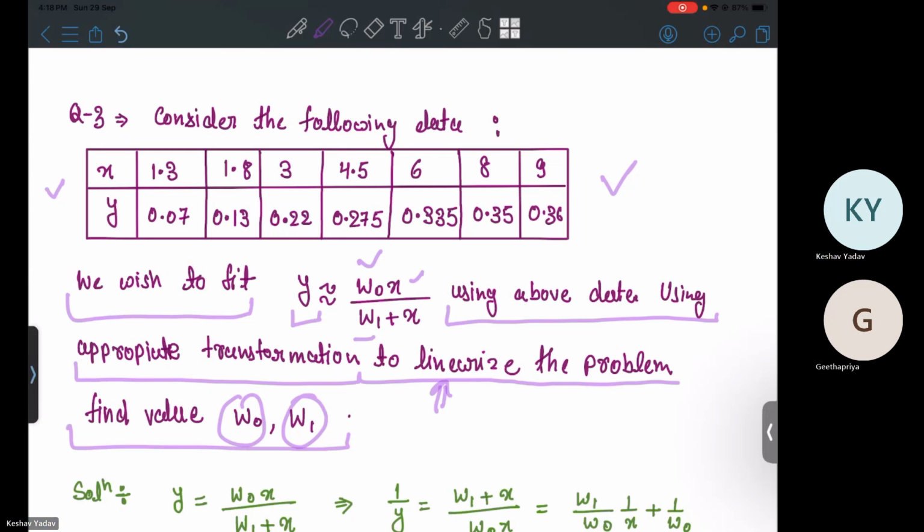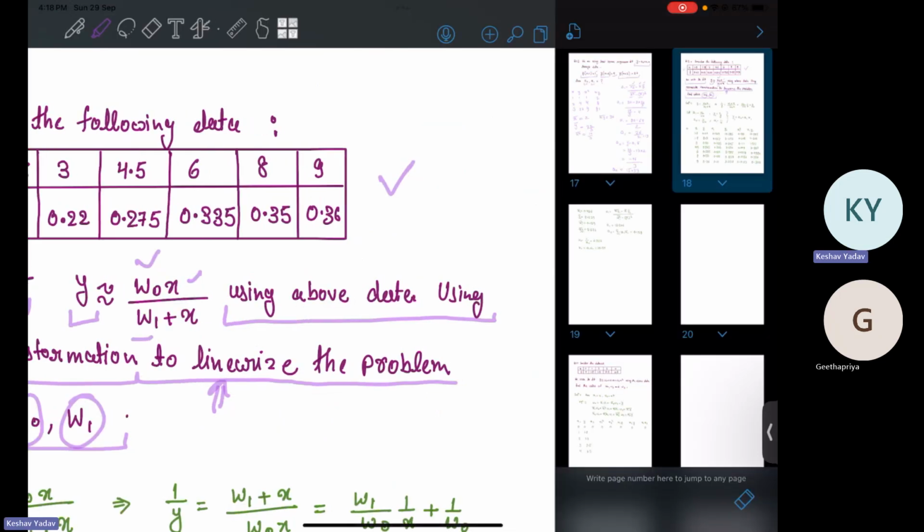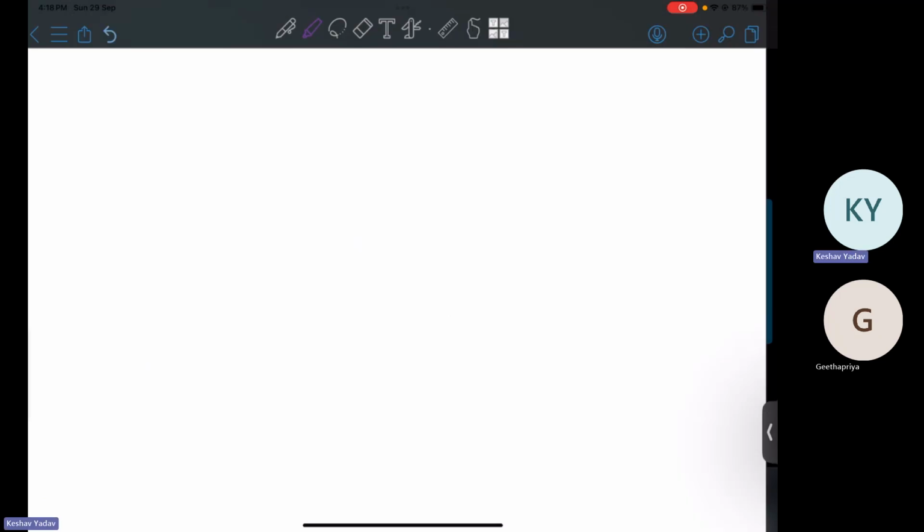So this problem you need to also do, and I will also do. Before doing that, let us see what we can do here.